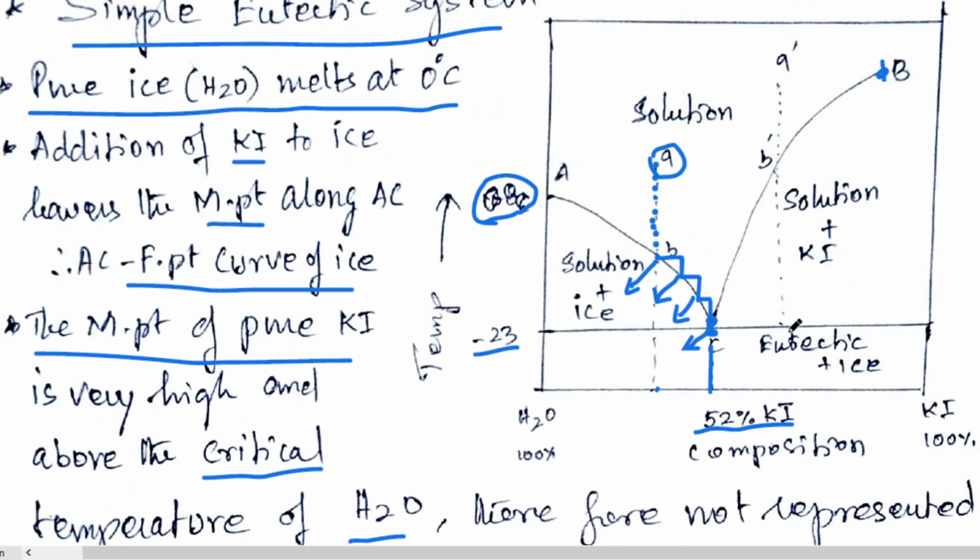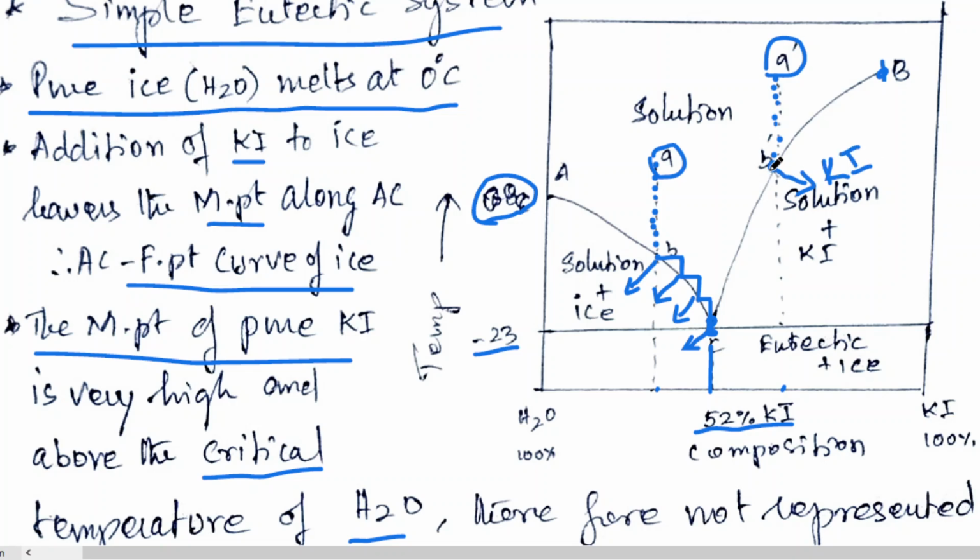If you take a composition here, maybe 60% of KI and 40% of water, I am heating that up to this point A dash, and I am cooling that mixture. It will cool up to this point B. When point B reaches, what will happen? Potassium iodide will get precipitated.